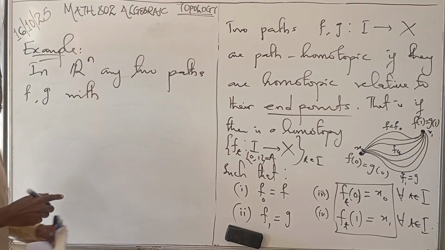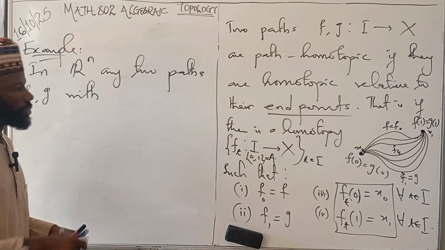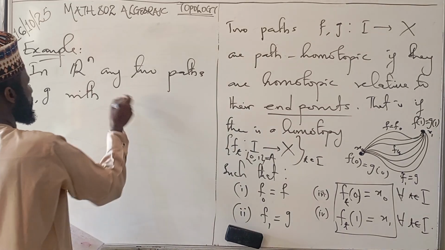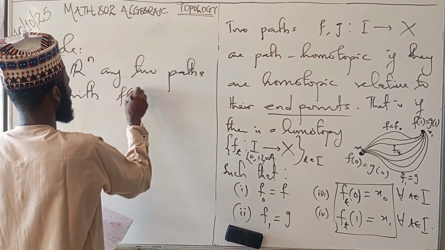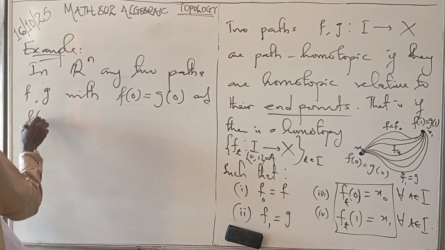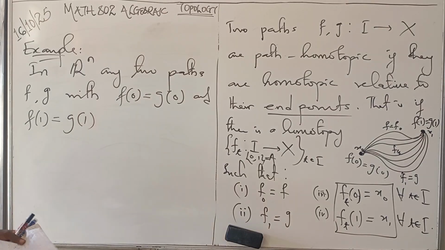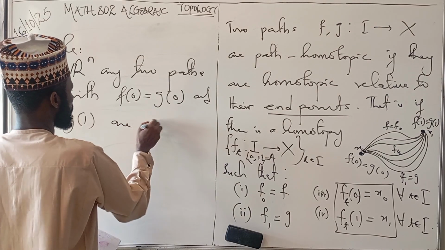It's a continuous mapping from the interval 0, 1 into the space. I hope it's okay. With F0 equal to G0 and F1 equal to G1, sharing the same endpoints, are path homotopic.